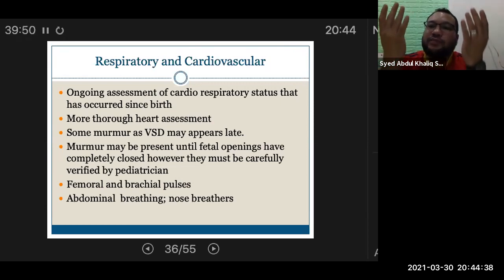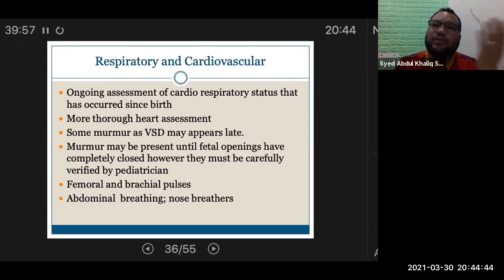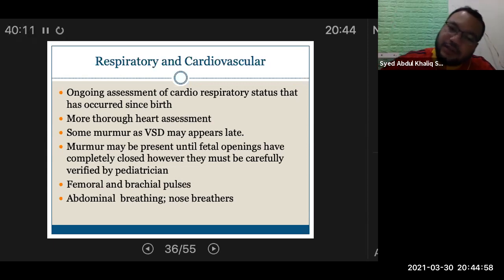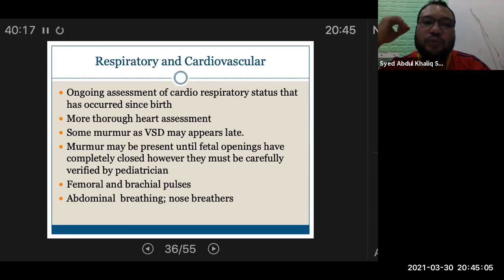So usually in the first 5 days of life, the difference between systemic blood pressure and pulmonary blood pressure is not that much. So there isn't much turbulent flow, because turbulent flow is created by the pressure gradient. Left high pressure, right low pressure, that's a left to right shunt. So this sometimes causes a VSD murmur, usually heard after 5 days.